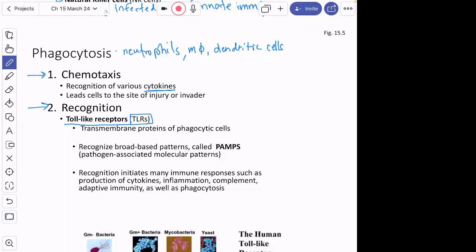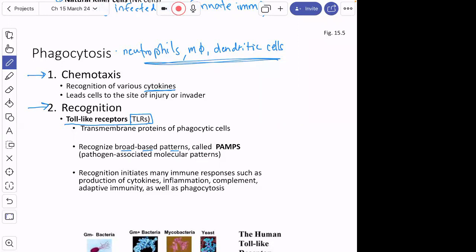So again, these are transmembrane proteins of phagocytic cells. What do they do? They recognize broad-based patterns. In other words, they recognize molecules that invaders are likely to have, and that we do not.